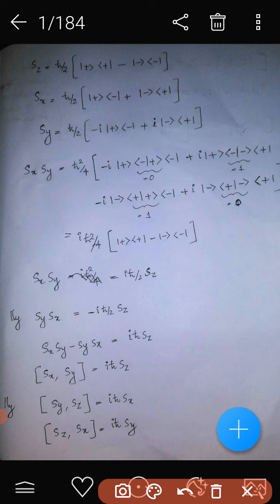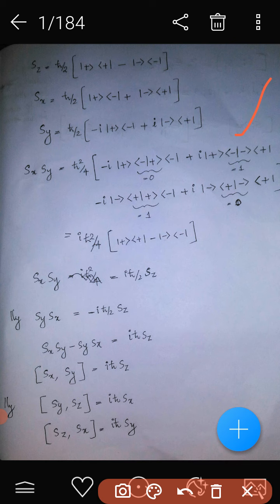Next, multiplying the first term with the other term, we get this product. Here also there is one inner product, and applying the orthonormality condition, it is equal to 1.